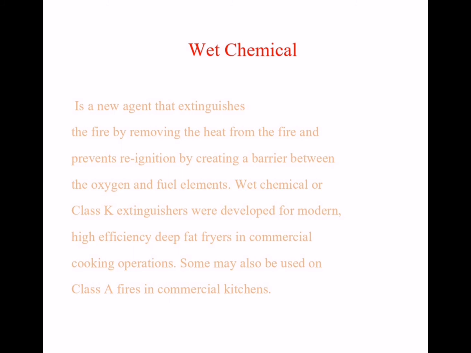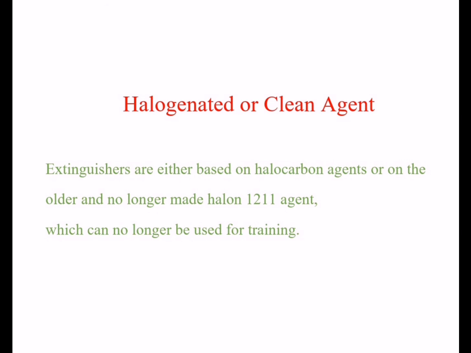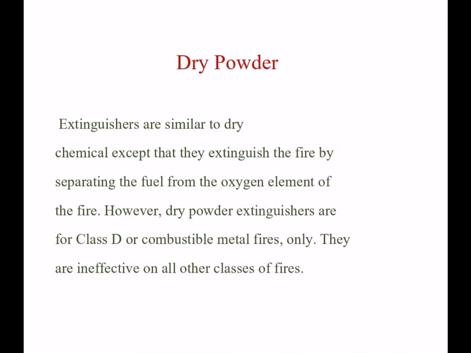Some may also be used on Class A fires in commercial kitchens. Halogenated or clean agent. Extinguishers are either based on the halocarbon agent or the older and no longer made Halon 1211 agent, which can be used for training.